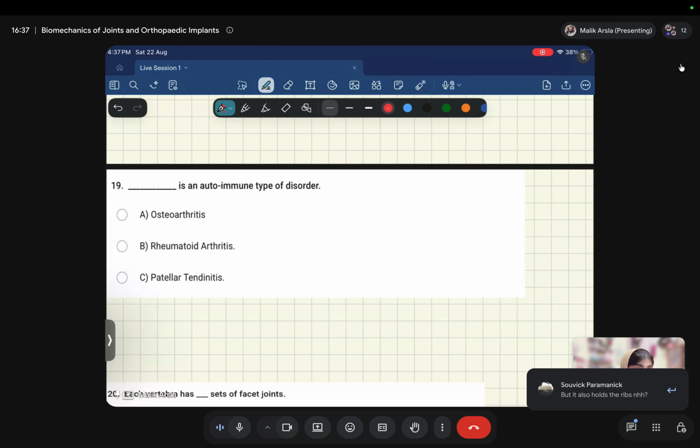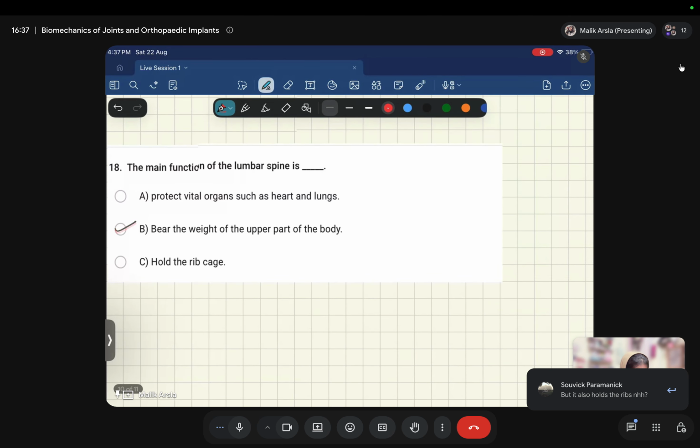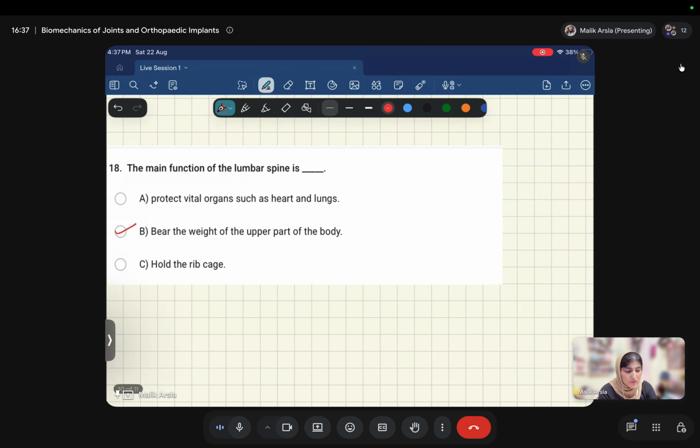Yeah, it does hold the rib cage, but see, the question mentions the main function of the lumbar spine. If it had been a multiple choice answer, then holding the rib cage would also be correct, but the weight of the rib cage is not held by the lumbar spine alone, because there are various muscles in the chest which surround and support the rib cage.